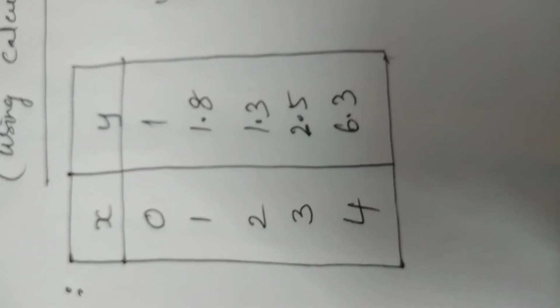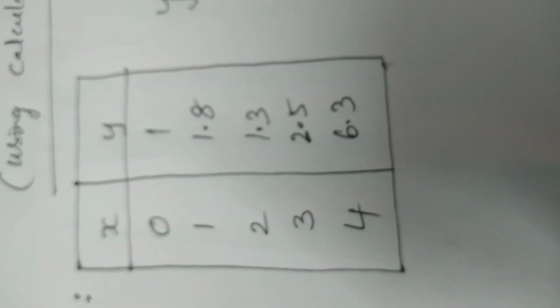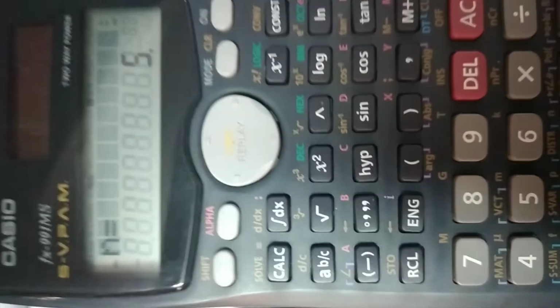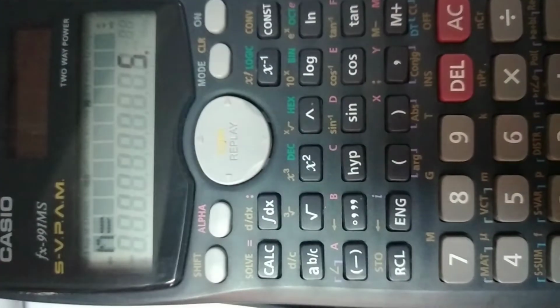Then the 5 observations are input: 1, 2, 3, 4, 5. The 5 observations we have already inputted, so the values are taken in the calculator. n = 5.